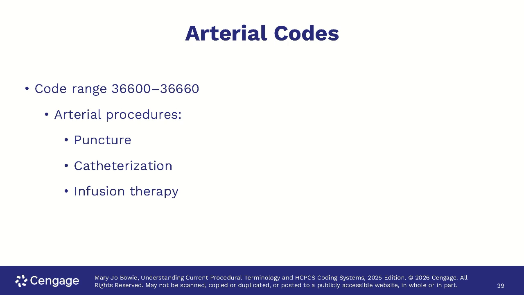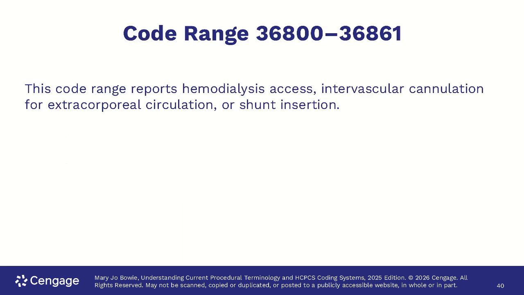Arterial codes are classified based upon if they do a puncture or a catheterization. They actually place a needle in there. And this first set of codes is for hemodialysis access.